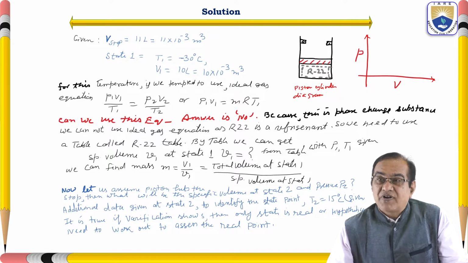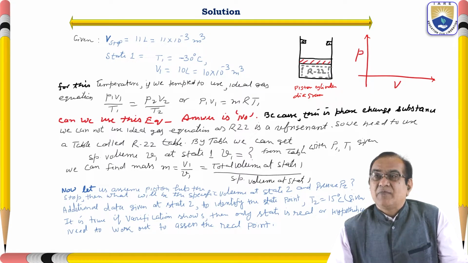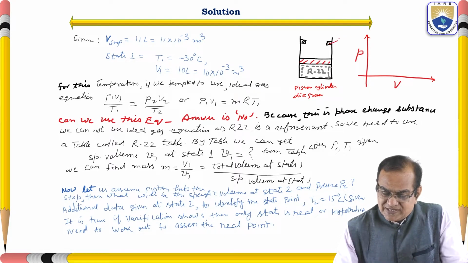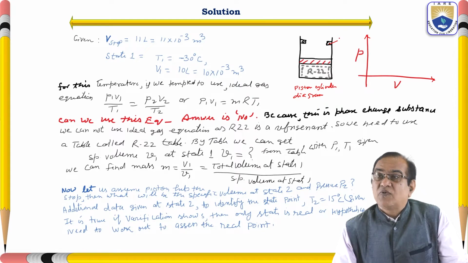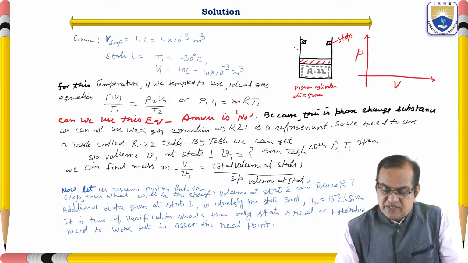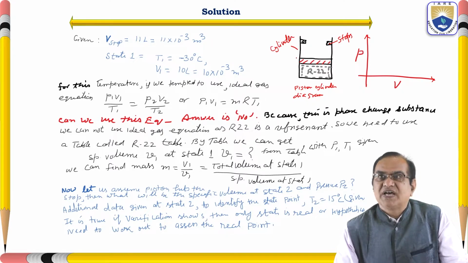Without drawing the PV diagram, the problem is going to be quite complex in nature. So the PV diagram is very much essential. This is the stop, this is the cylinder, and this is the piston. We have to see that all these things are met.